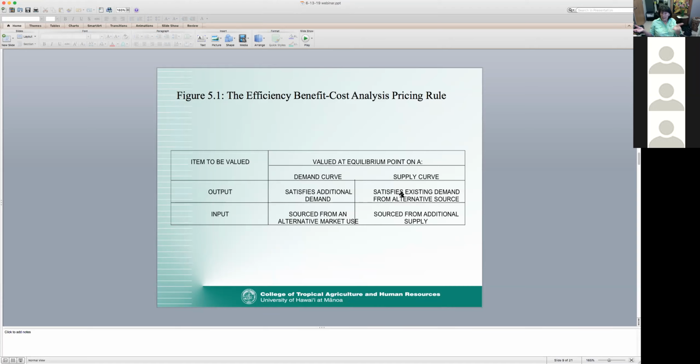So if the price over there is $2 and mine is $4, am I going to value my stuff at $4 or at $2? Because they can get all they want at $2. But mine is $4. Am I going to value it at $4 or $2? Well, I'm really competing with something that costs $2. So I'm going to value it at that alternative source.